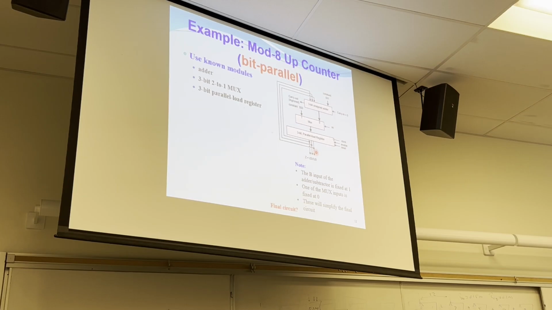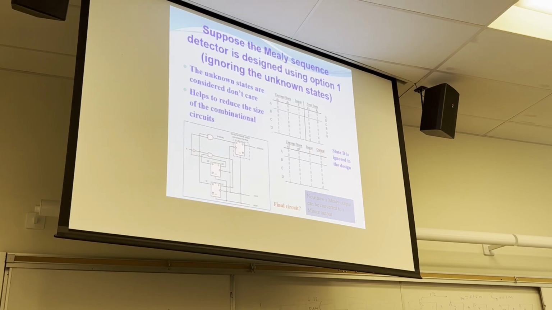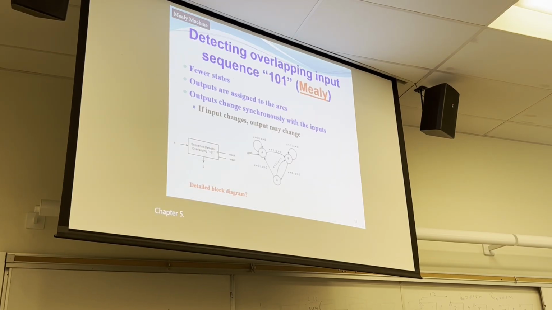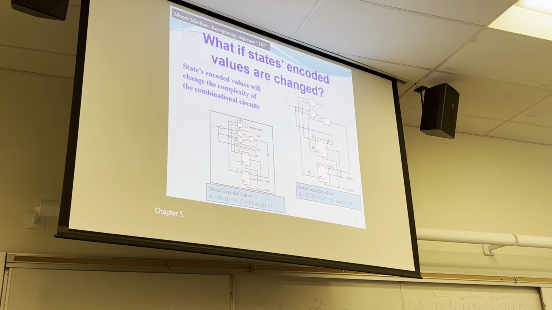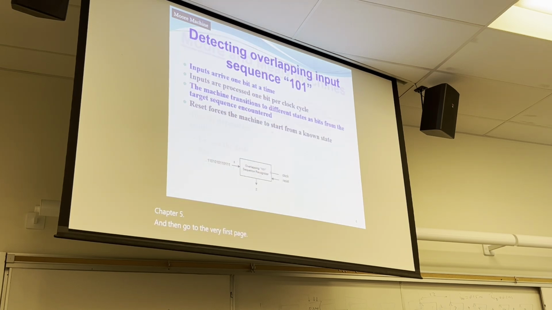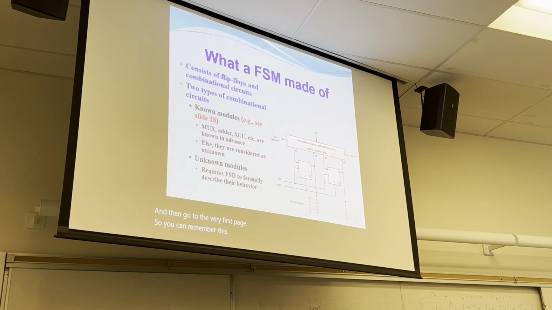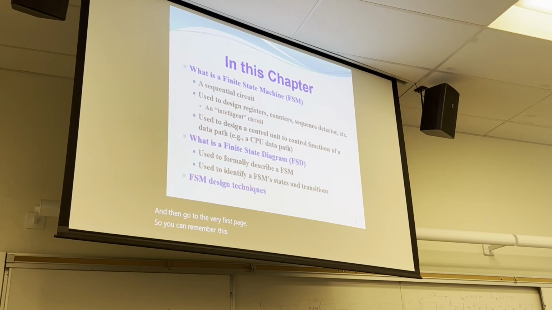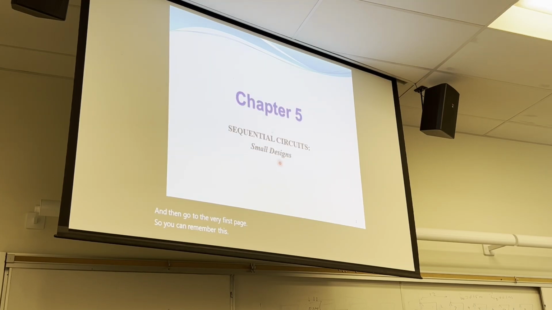So in fact, chapter 5 is only for small designs. If you look at chapter 5, we'll go to the very first page. We can remember this: small designs, sequential circuit, small design.